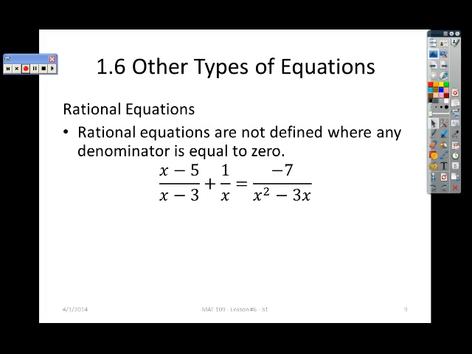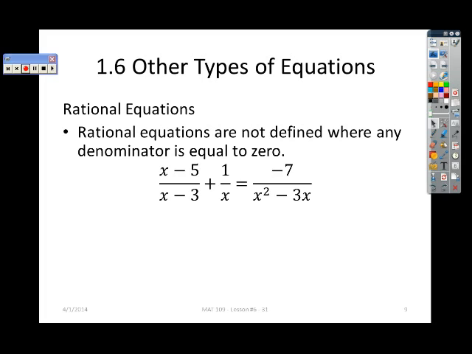When I find the least common denominator, I want to take this first denominator, all of its factors. Then I want to look at the next denominator and see if that factor is already included. When you're doing that, remember, x minus 3 is the factor. x minus 3 is not the same thing as x. So if I have this, I do not have that as a factor. That's a term inside a factor.